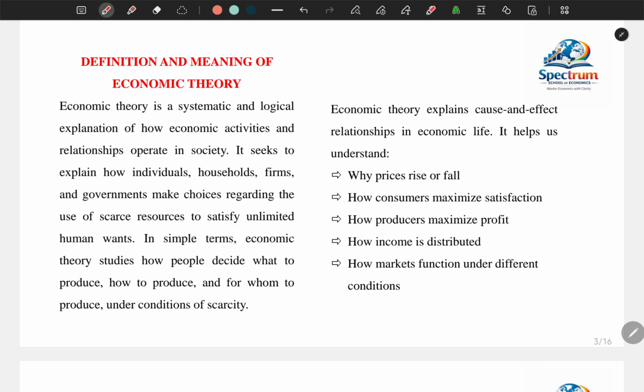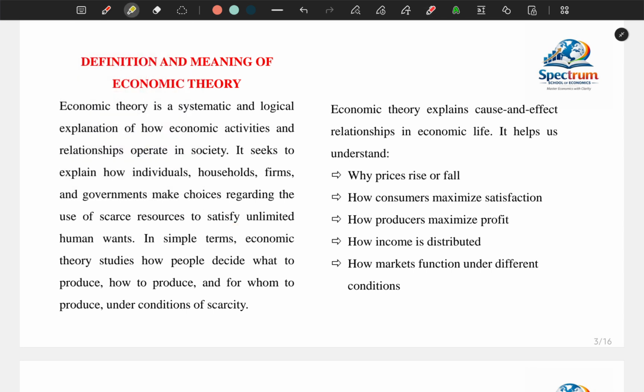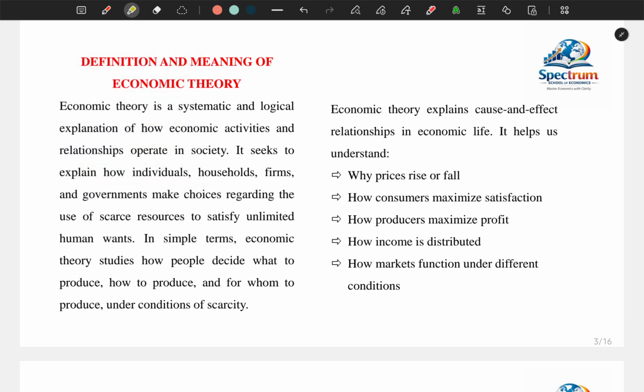You can highlight this, because it will help you remember some economic terms. Write in your notes: choice making, then unlimited human wants. These terms are especially related to economics.